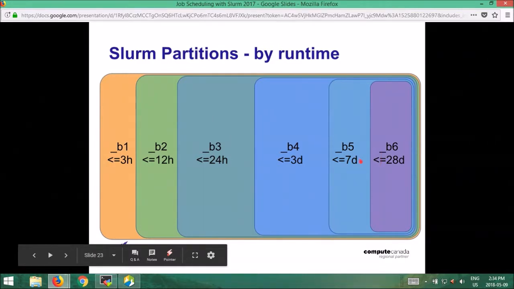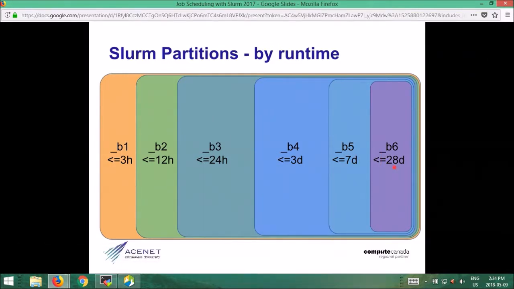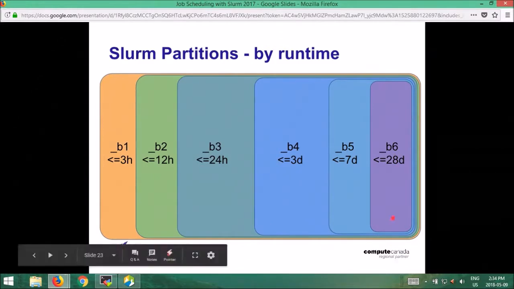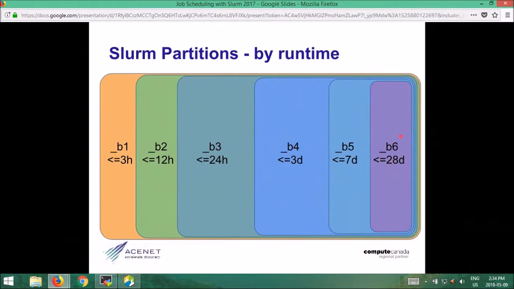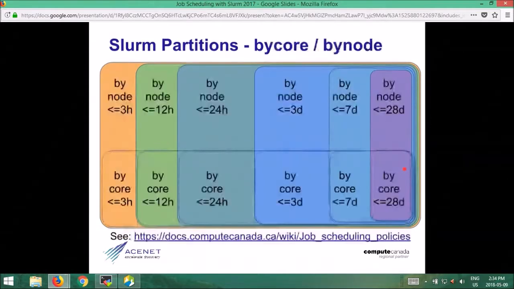Jobs that have runtimes of greater than 7 days but less than 28 days have only got a restricted piece of the cluster that they're allowed to run on, and jobs greater than 28 days will be rejected. That's only the time dimension. There's also this by-core or whole node distinction that I mentioned, and so that runs at right angles, you can imagine, to the times.